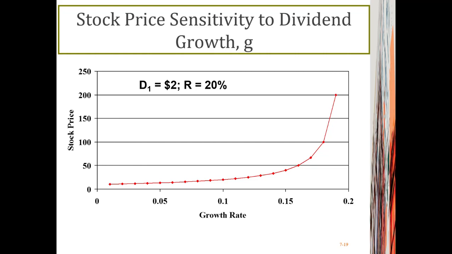So from this picture, you see there's an exponential relation between the growth rate and the stock price. A higher growth rate, of course, will boost the stock price, not linearly, but exponentially.